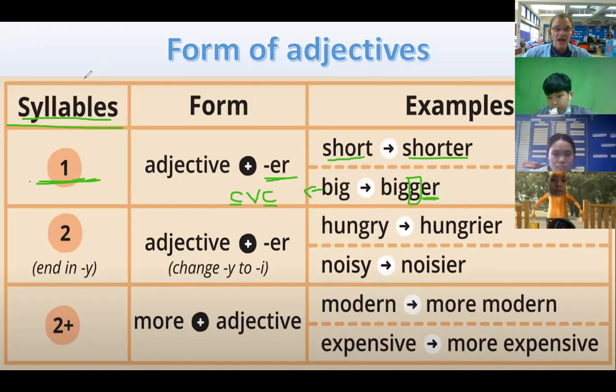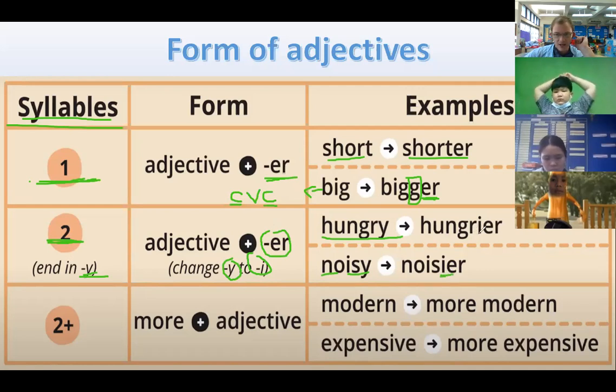But if an adjective ends on a Y and it has two syllables, for example hungry or noisy, we change the Y to an I and we add ER. So noisy becomes noisier, and hungry becomes hungrier.